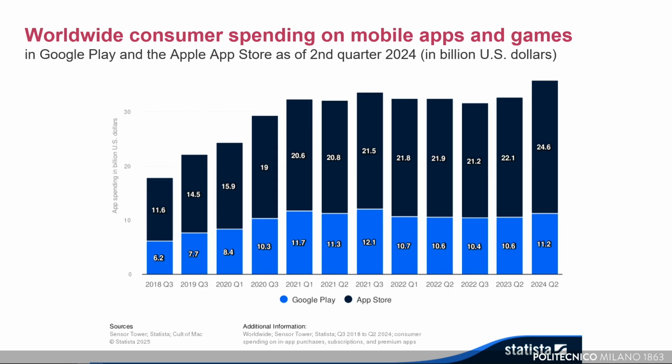From a financial standpoint, the contrast is striking. iOS apps generate more than twice the revenue of their Android counterparts. This underscores the value of supporting both platforms, as they represent two complementary sides of the mobile market.